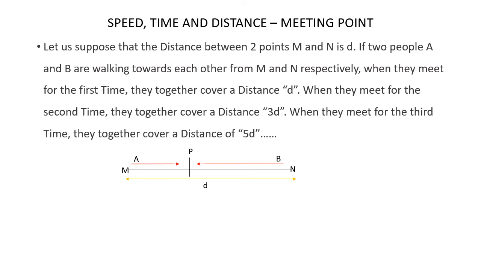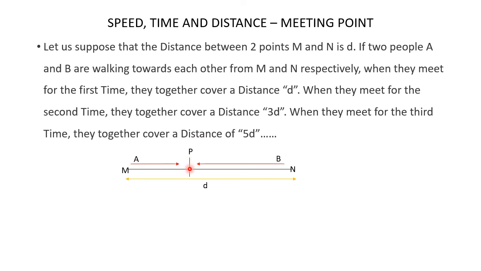Now this is point M and this is point N, and the distance between M and N is D. Now A starts from point M in this direction and B starts from point N in this direction, and they start walking towards each other and meet at point P for the first time.